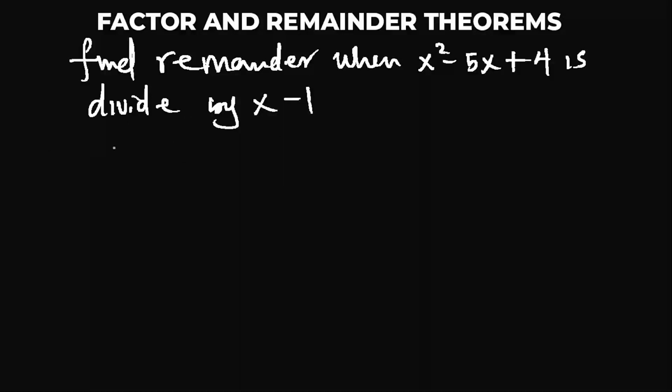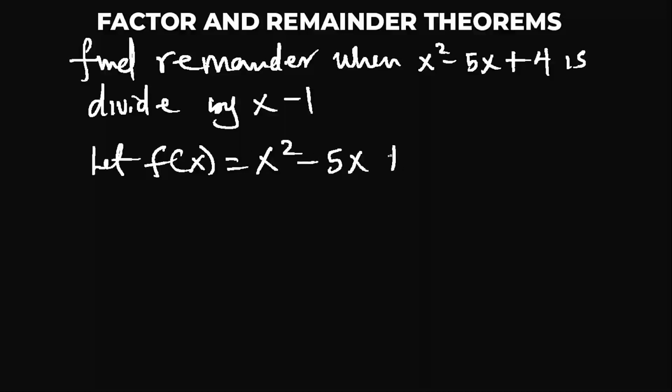Very simple, using the remainder theorem, right? So we say let f of x equal x squared minus 5x plus 4. So if this is what we have, we can then assume that x minus 1 equals 0.